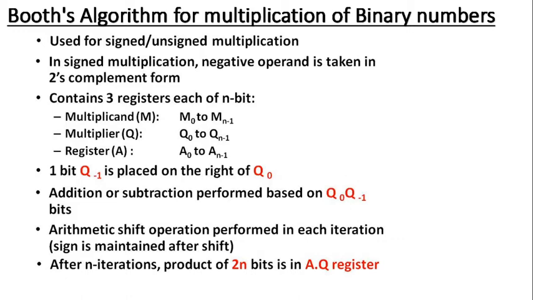The upper n bits of the result will be copied to register A and the lower n bits will be copied to the Q register. So these are some of the basics of Booth's algorithm which are essential and need to be explained.